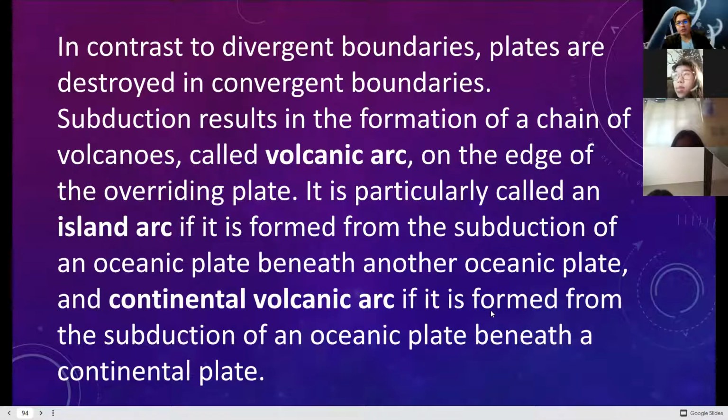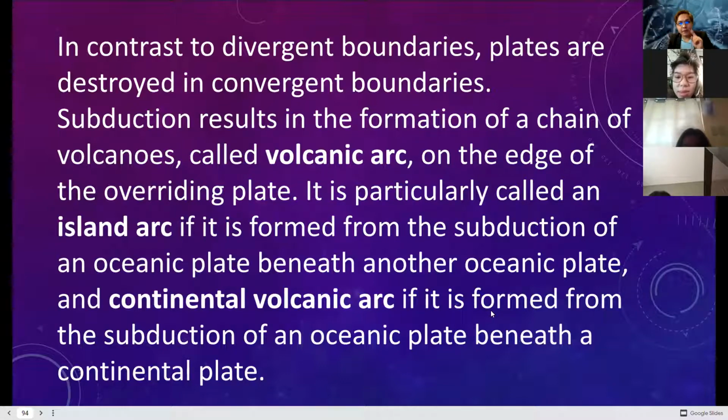Oceanic and continental: oceans are bodies of water, and continental plates are bodies of land. If subduction results in the formation of a chain of volcanoes, these are called volcanic arcs, right? If it is the subduction of an oceanic plate beneath another oceanic plate, it is an island arc, okay?